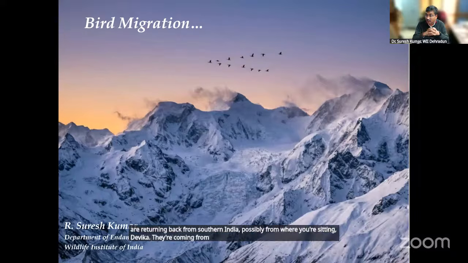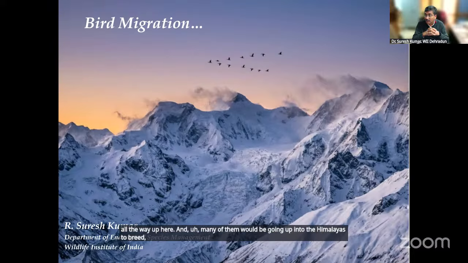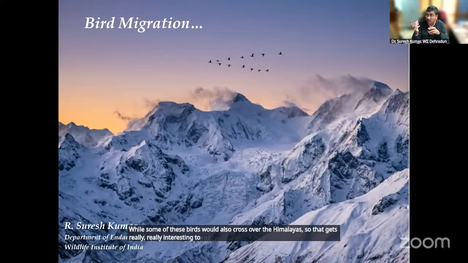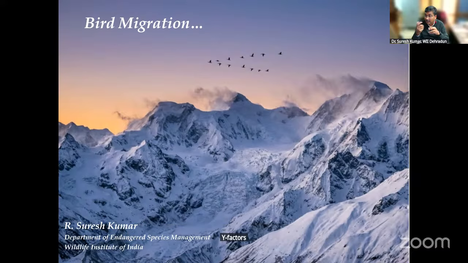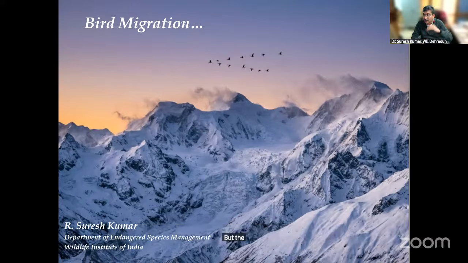They're coming from there all the way up here, and many of them would be going up into the Himalayas to breed, while some of these birds would also cross over the Himalayas. So that gets really, really interesting to see, especially the white wagtails. The gray wagtails are going to go higher up in the Himalayas. Some populations would go beyond also, but the white wagtails are definitely going beyond.